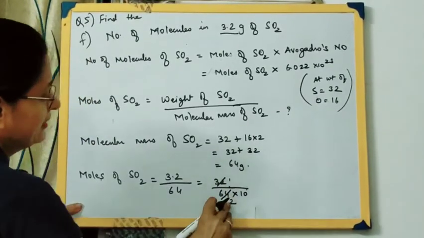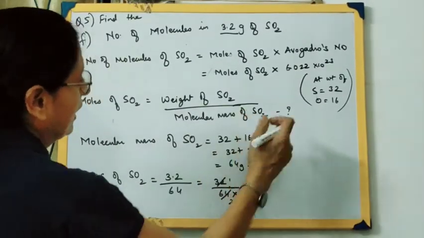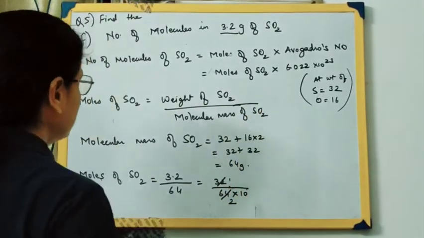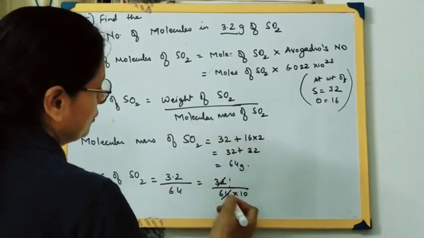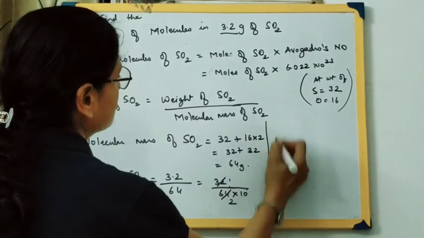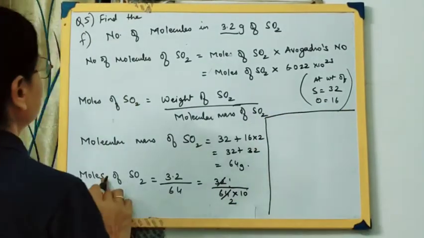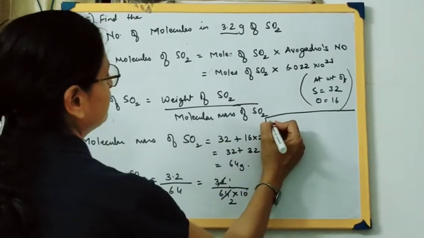Then we can multiply 2 into 10, but we'll not multiply. We'll leave it over here because our further calculation will be easier. Or you can just take 1 by 20 and then proceed, but according to me, this way is easier. So let's proceed. There is the number of molecules.